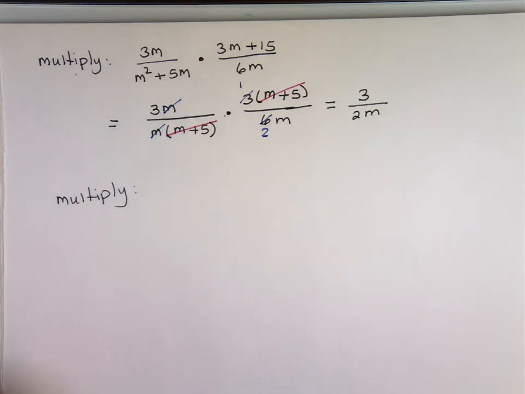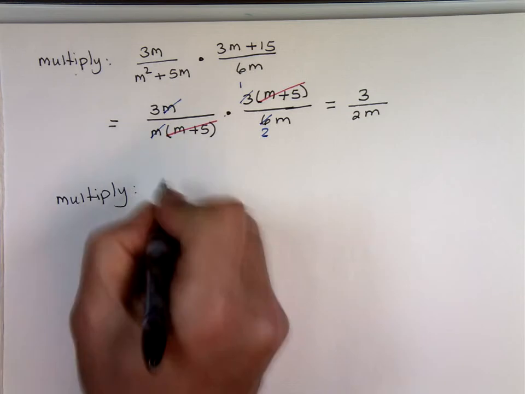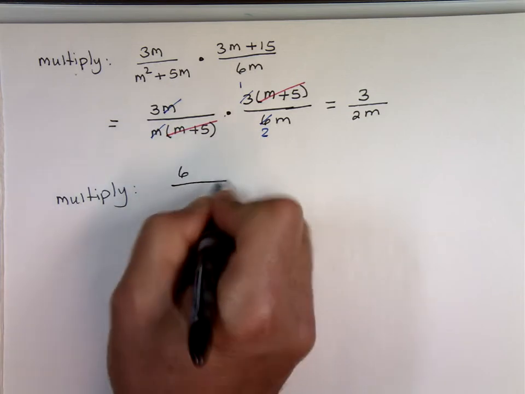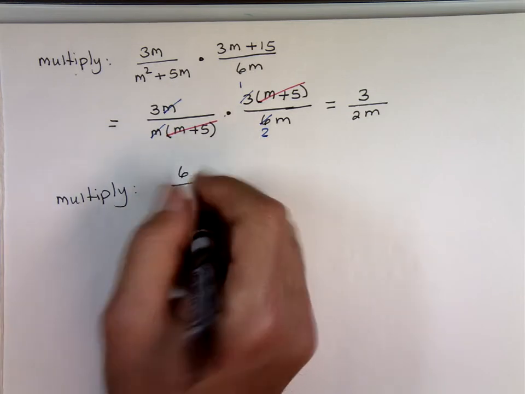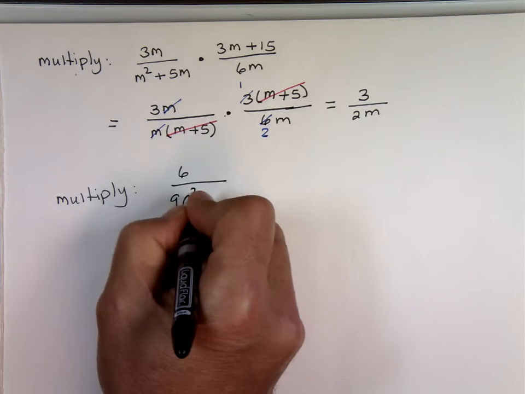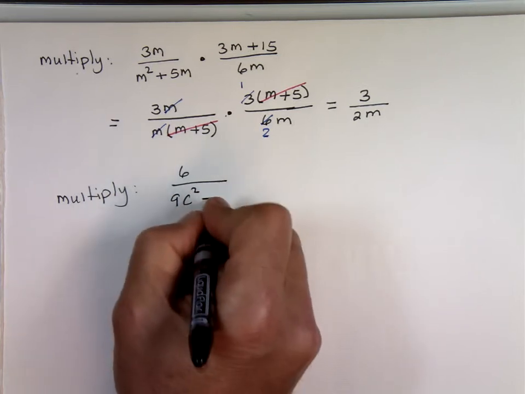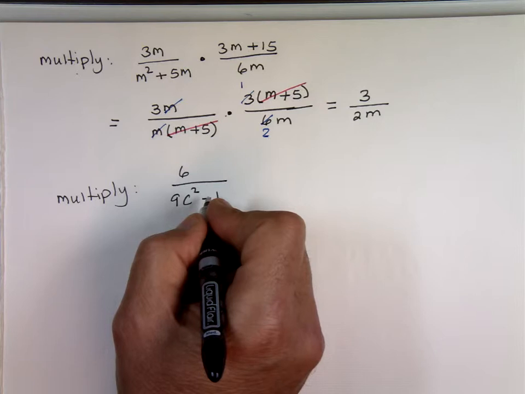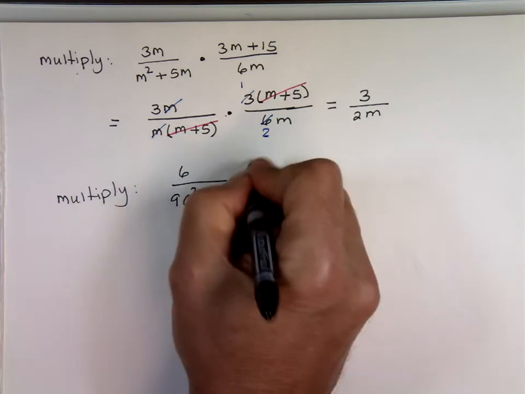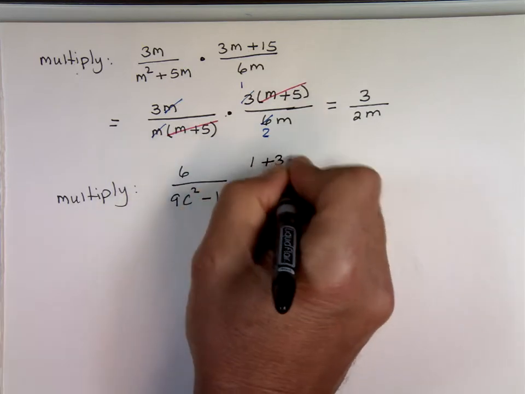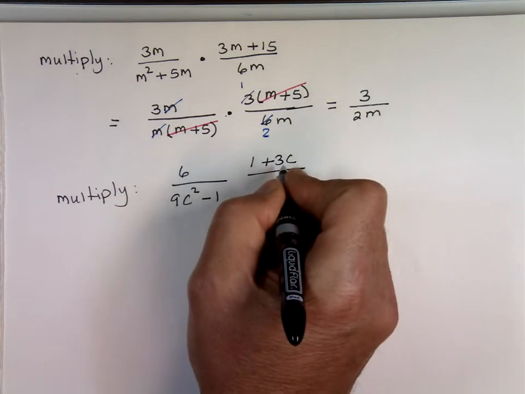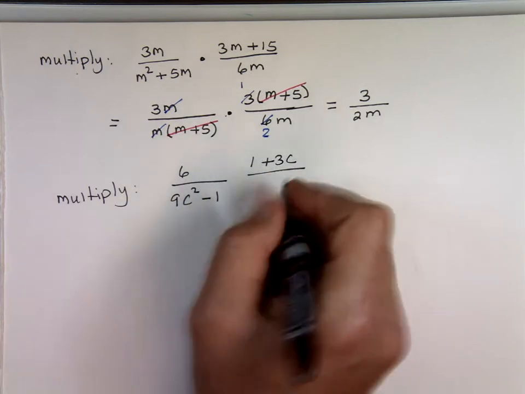Let's try this one. 6 over 9c squared minus 1, times 1 plus 3c over 12.